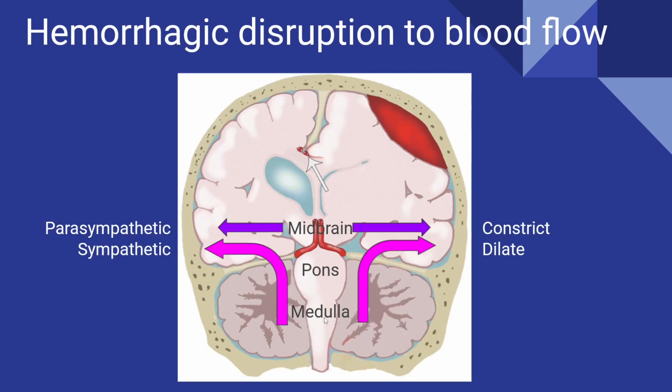Okay, so as we start to see swelling, we've moved into hemorrhagic disruptions in blood flow. This is, let's say, an ischemic event gone hemorrhagic, or a potential trauma. You start to have brain swelling, and what it does is it starts to push these structures inward into the middle, because your ventricles are open spaces that can be compressed.